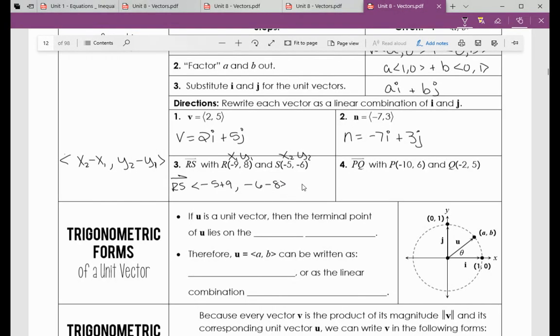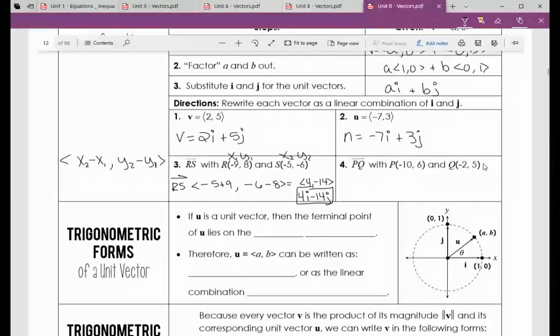Now that gives me the component vector of 4, negative 14. The linear combination would be 4i minus 14j. And that is the linear combination in terms of i and j.